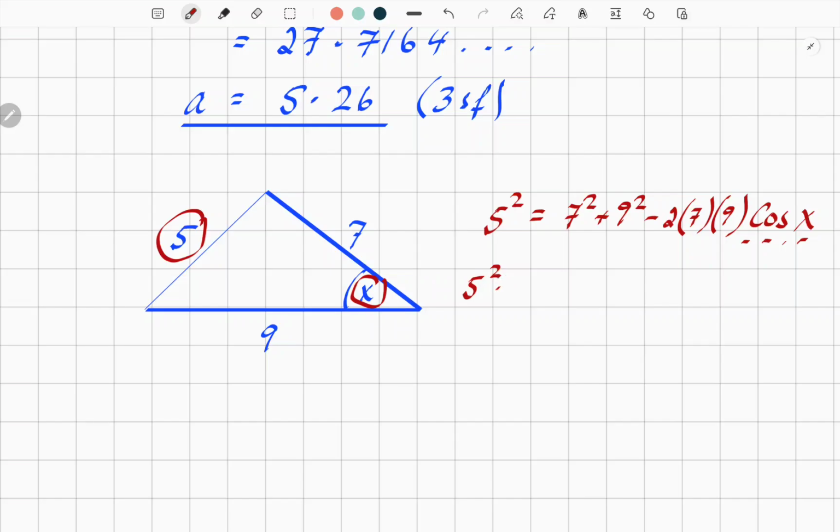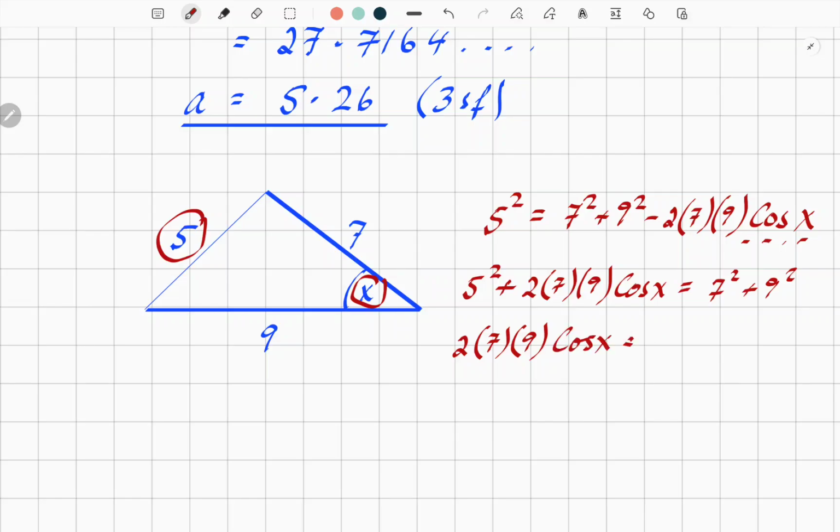So we've got 5 squared plus 2 times 7 times 9 cos x equals 7 squared plus 9 squared, and moving the 5 squared to the other side now. Like that. You follow so far?